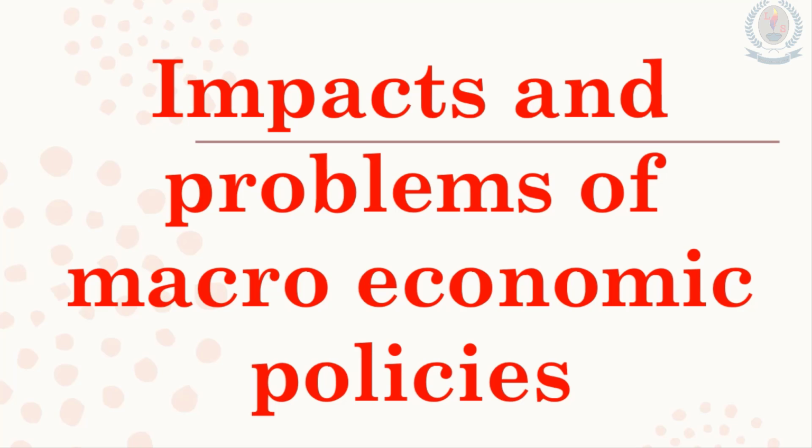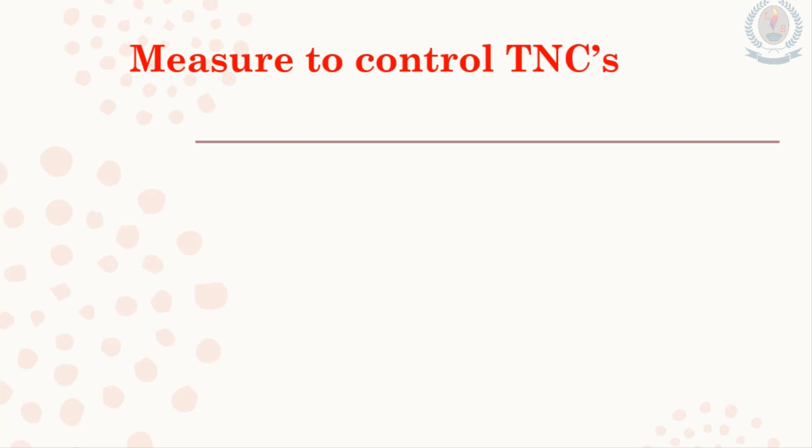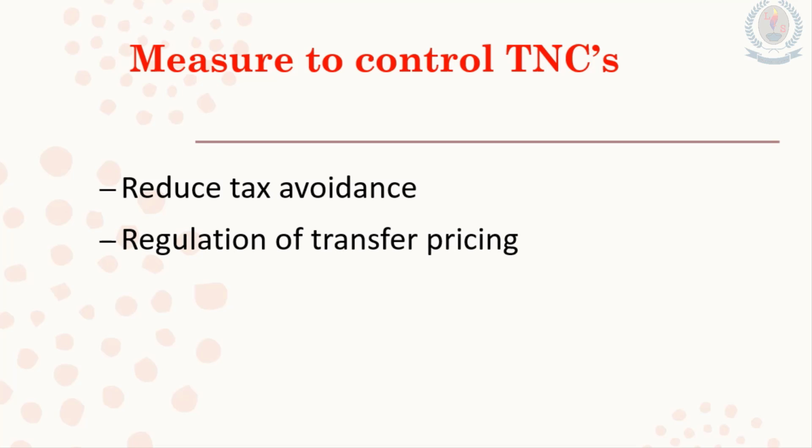Impacts and problems of macroeconomic policies. Measures to control transnational companies. Reduce tax avoidance, regulations of transfer pricing. In 2015, all the OECD and G20 countries agreed to adopt new rules which help them to minimize the tax avoidance done by transnational companies.